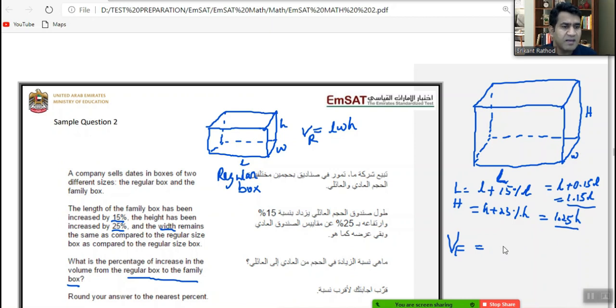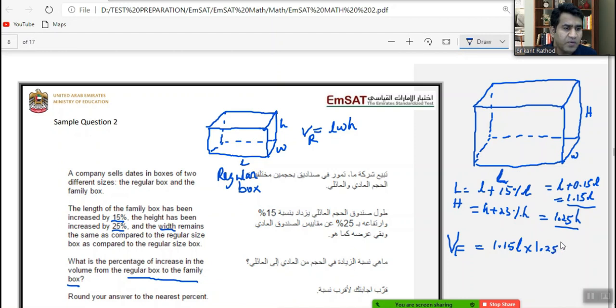Then I can say here as 1.15 length times 1.25 H. This is the length times height times width. So we just need to multiply 1.15 with 1.25.